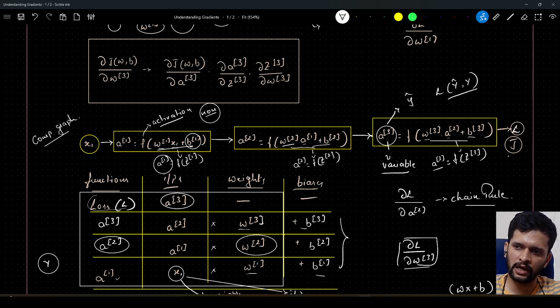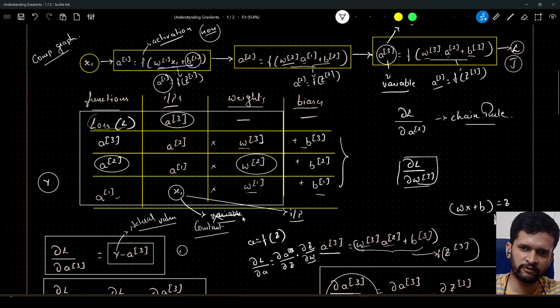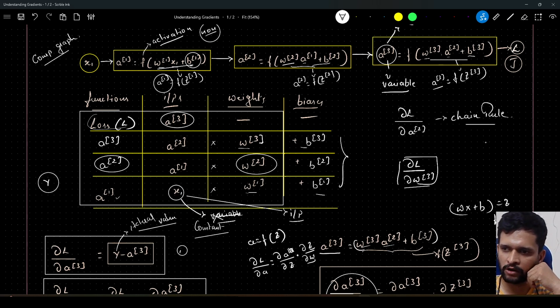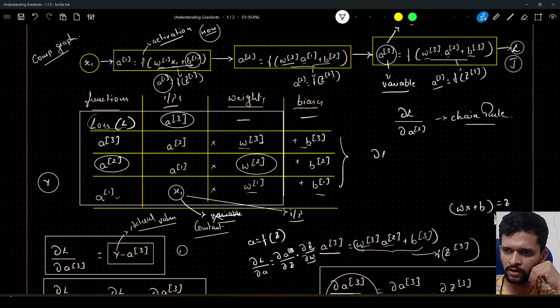Now we have to calculate how this loss is affected by change in the values of W3. In order to do that, we will come to this particular table. Let me just rub this, I'll write it again in a neat way. So we have to calculate how the loss is affected by changing values at layer 3 weights.